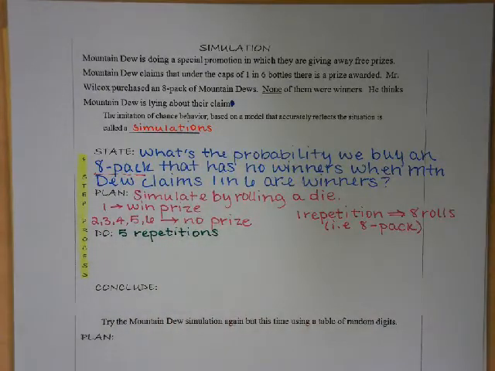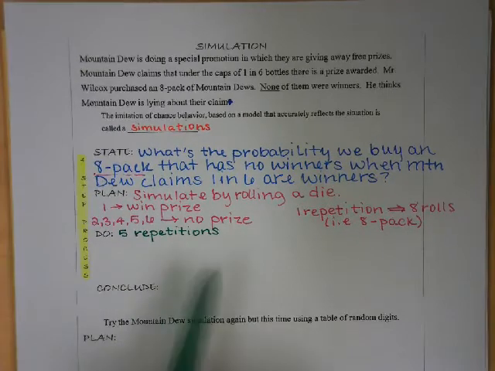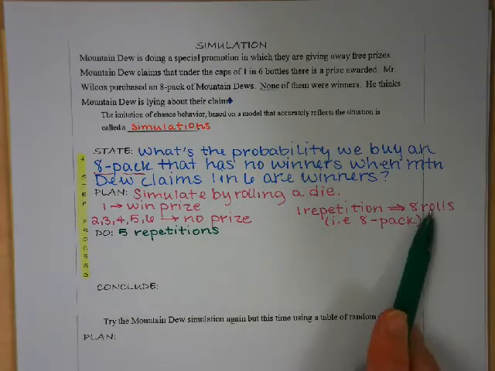Now, if you are using your own die, you're going to get possibly a different answer than me. Your repetitions probably are going to be different than mine. That's absolutely fine. That's what makes simulations interesting. So 5 repetitions. 1 repetition is 8 rolls.